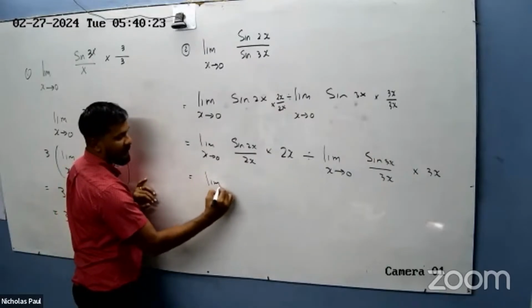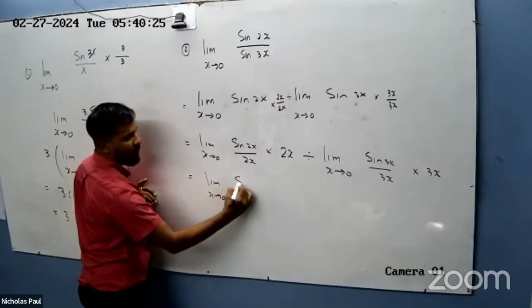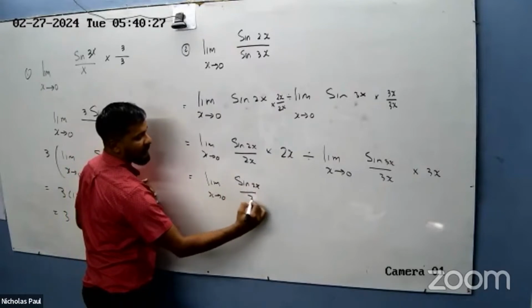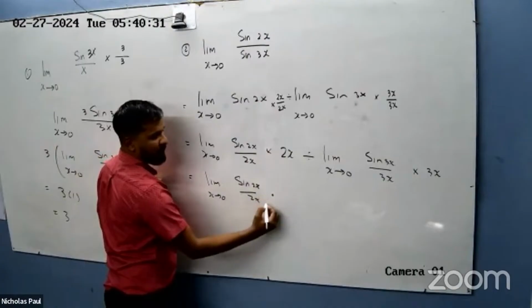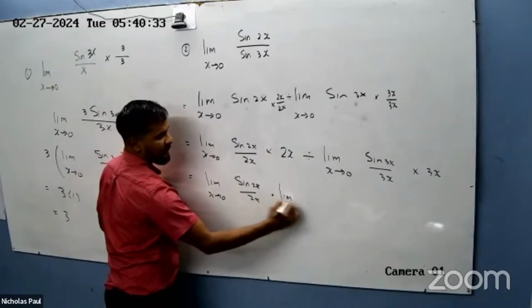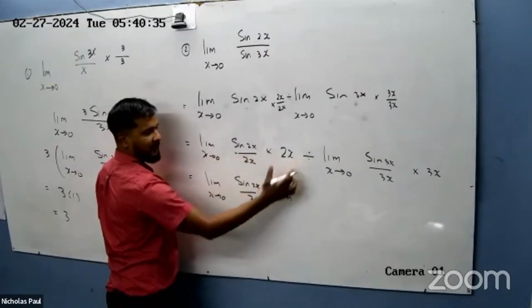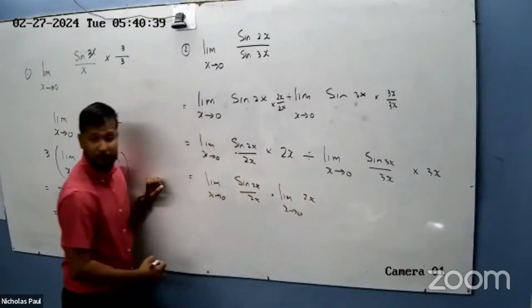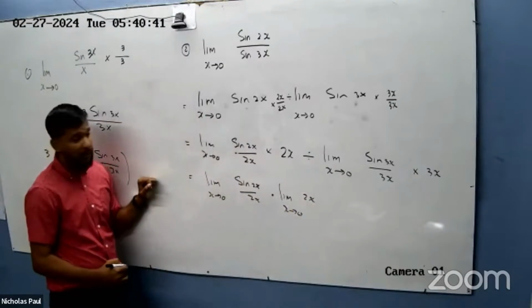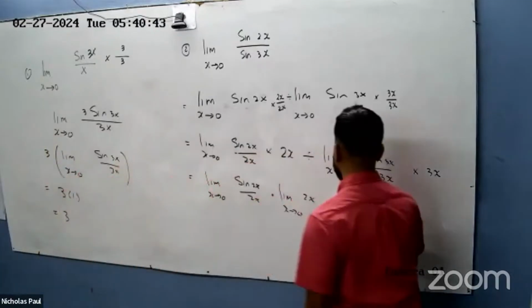The limit as x approaches 0 of sine 2x on 2x multiplied by, I'm putting a dot for now, the limit as x approaches 0 of 2x. You okay with that? I'm going to do the same thing here.